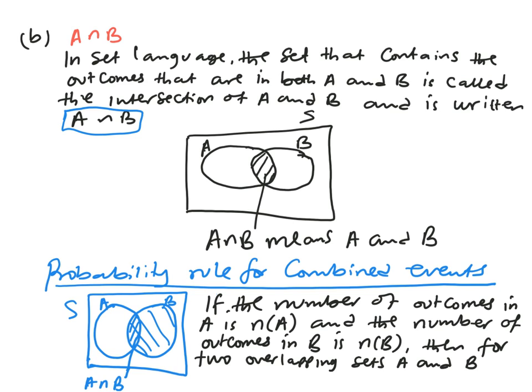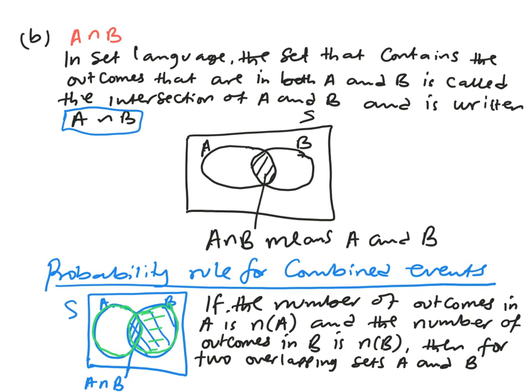The answer is no. The number of A is covered in the whole of this circle, and then the number of B. If you get the number of A, you have already taken the whole of this circle. What you need to do is add on this other part to get the union. But if you add on the number of B, which is the whole of this, then you are counting the overlap twice. You have to take away the overlap to get the number of the union.